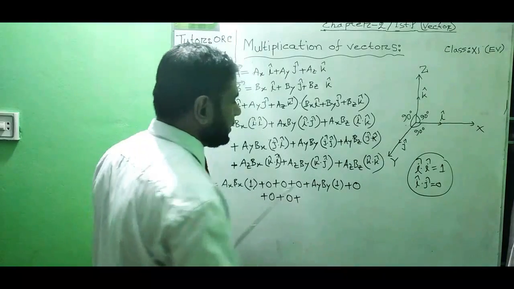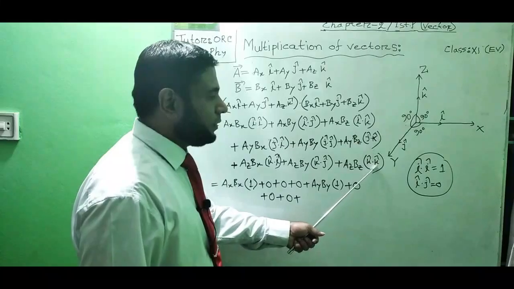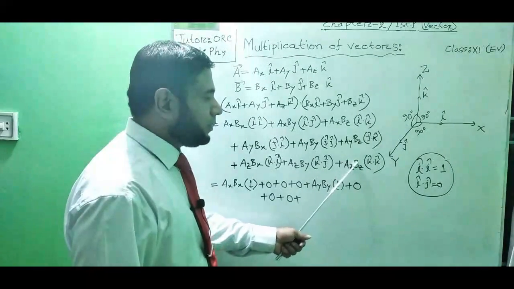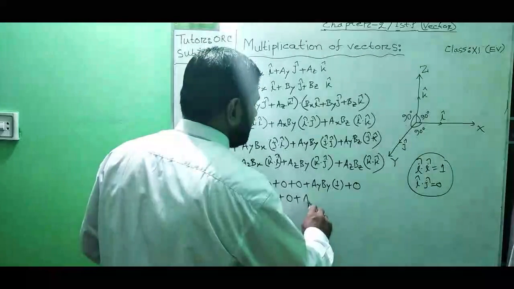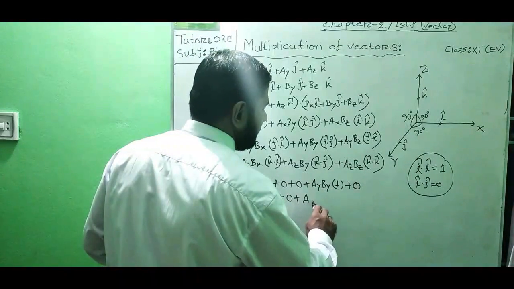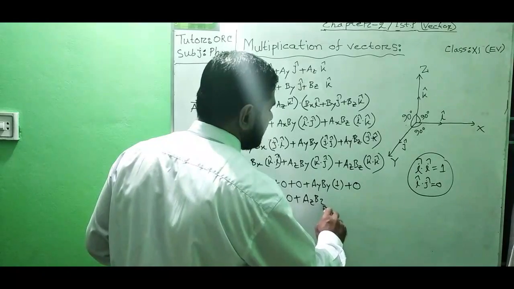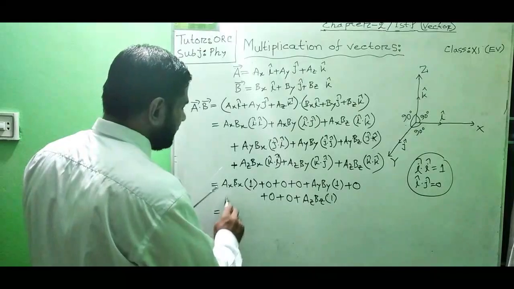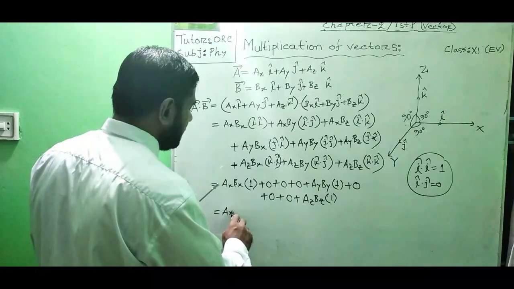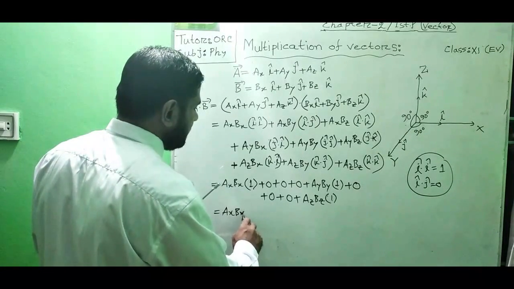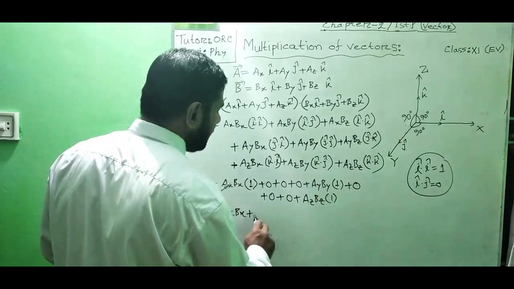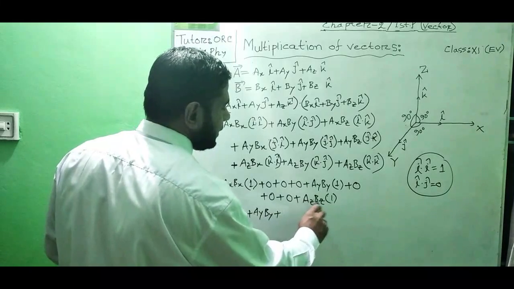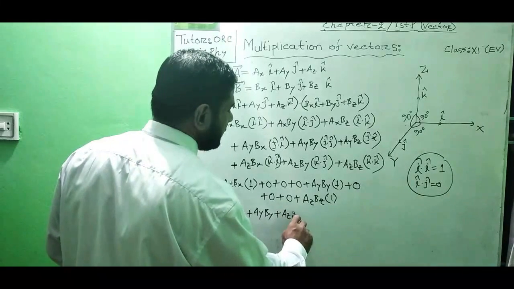Last of all, here the product between two same unit vectors, so here the value will be 1, so the final value of this term will not be 0. This will be aᵤbᵤ into 1. So last of all, the resultant which will remain is aₓbₓ plus aᵧbᵧ plus aᵤbᵤ.